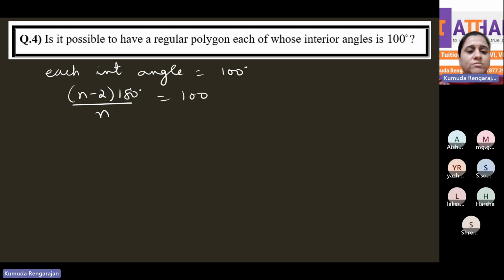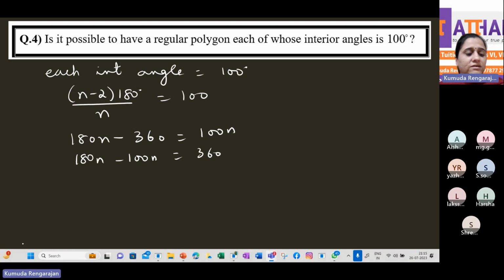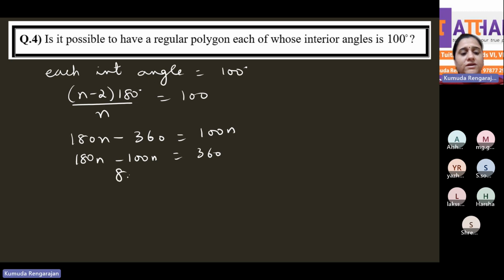So cross multiply and also multiply within the bracket. So 180N minus 360 is equal to 100N. So 180N minus 100N is equal to 360. 80N is equal to 360.